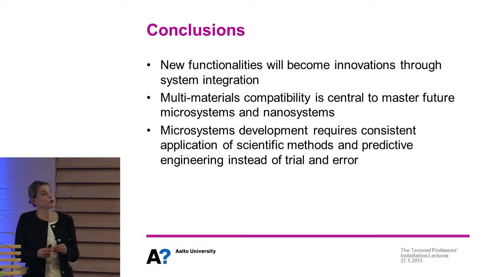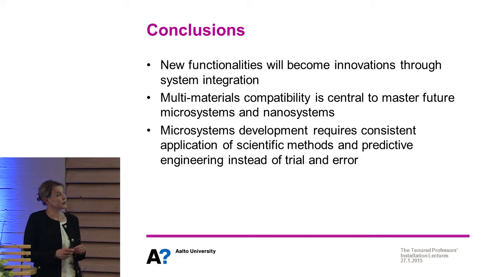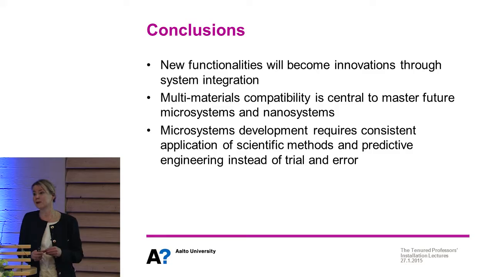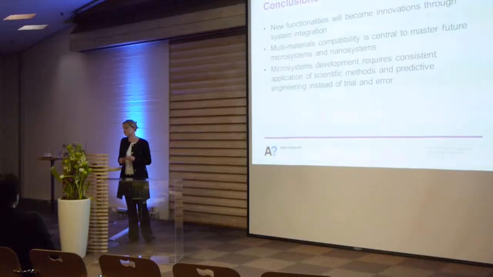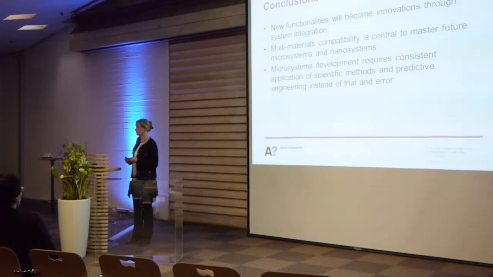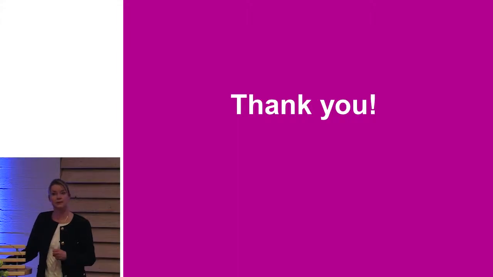Multi-material compatibility is very central to mastering such future microsystems, even going towards nanosystems. And development really requires a consistent application of scientific methods and predictive engineering instead of this trial and error method. I'd like to thank you for your attention.